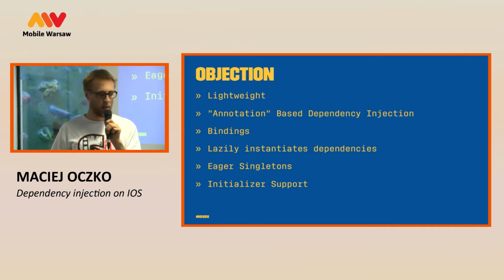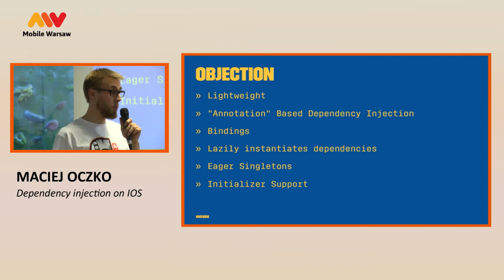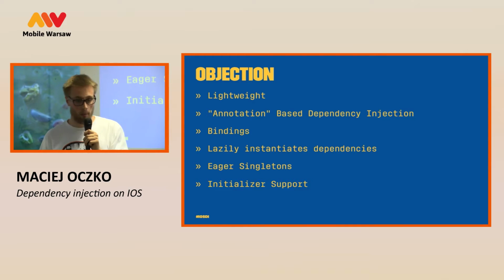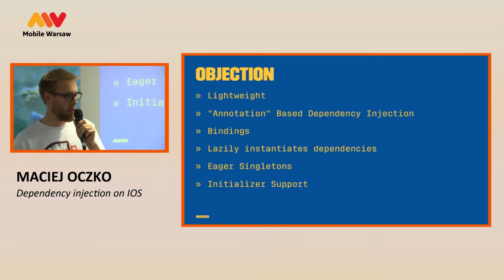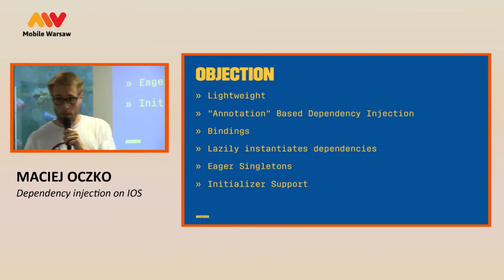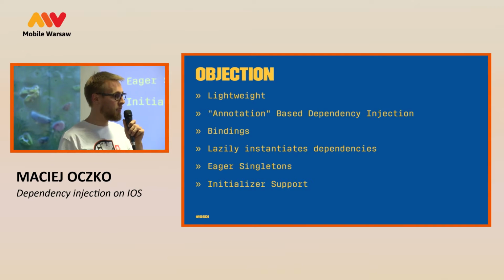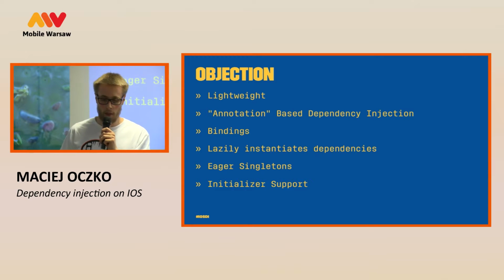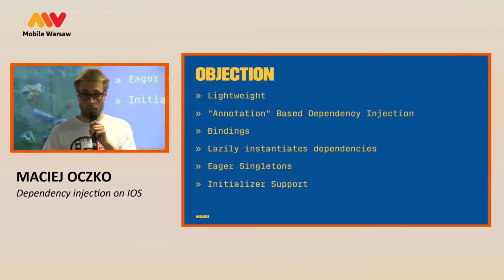So let's start with Objection. This one is almost a 4-year project. So it's pretty mature right now. It's really stable. But what is unfortunate, it's no longer developed, as far as I know. So you won't find any version for Swift, unfortunately. But in general, it's very nice. It's lightweight.